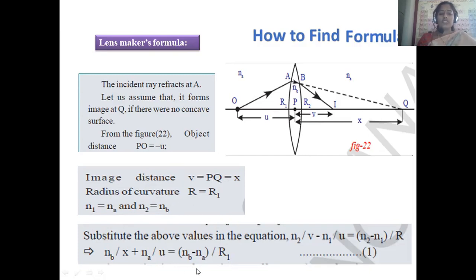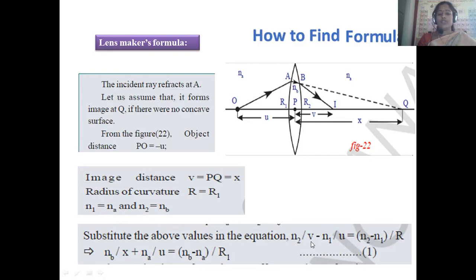Now, let us substitute all these values in our lens formula. What is the lens formula? n2 by v minus n1 by u is equal to n2 minus n1 by R. The n2 value is taken as Nb, so Nb by v, where v is taken as x, gives Nb by x. Then n1 is nothing but Na, so Na by u.